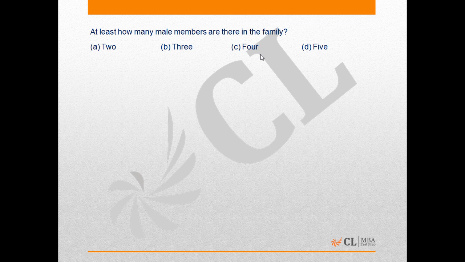In the last question it is asking at least how many male members are there in the family. We know that W is a male, and S, V and W are engineer, lawyer, or chartered accountant, and these three professions are of male members.